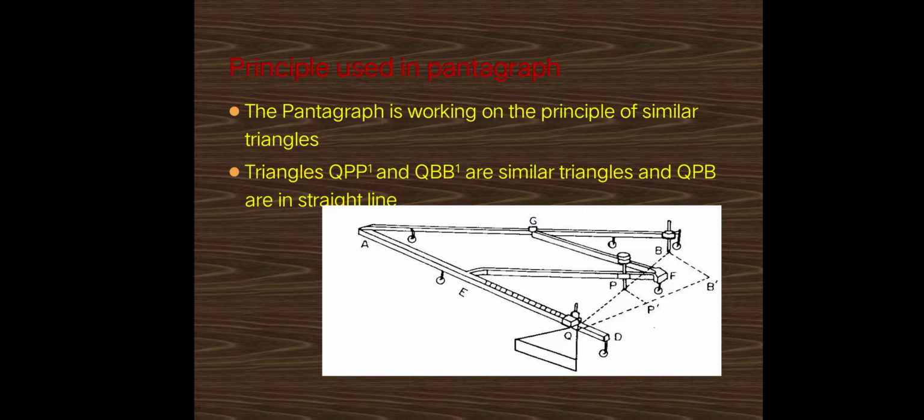And coming to the principle of the pentagraph, it works on the principle of similar triangles. From the line diagram shown here, QPP1 is one triangle and QBB1 is one more triangle, which are two similar triangles.